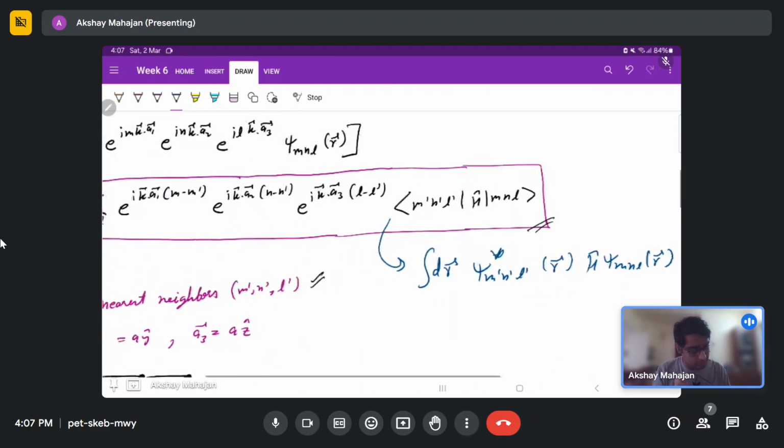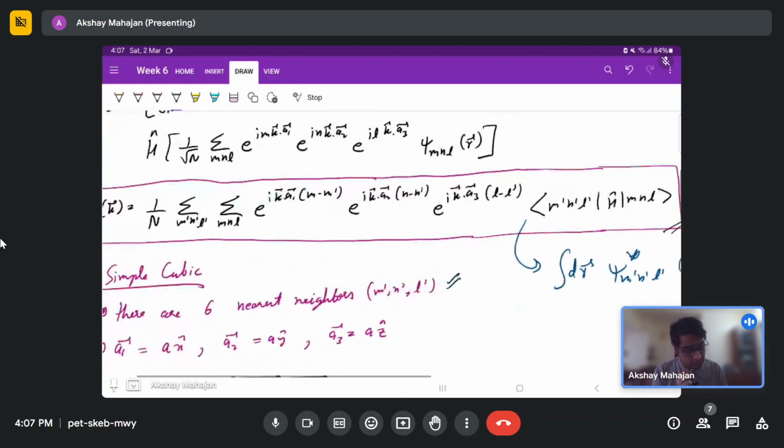In Dirac notation we can denote this integration like this.